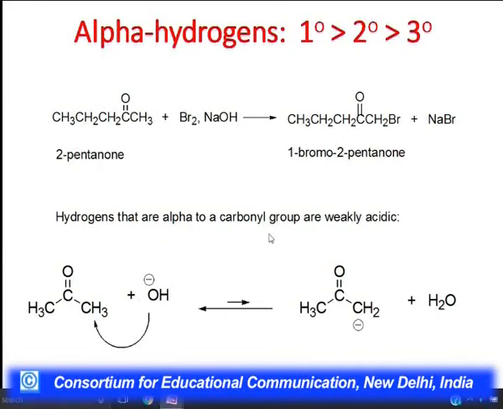Now these hydrogens which are attached to the carbonyl group are weakly acidic in nature, because they will react with a strong base which is OH minus, coming from this NaOH, and will result in the formation of a carbanion.